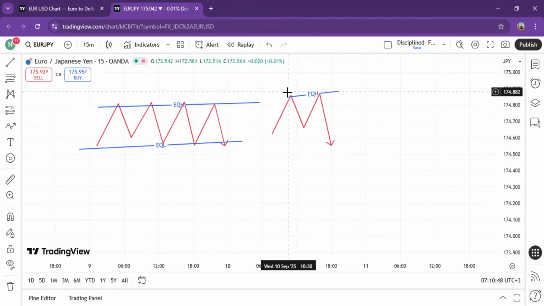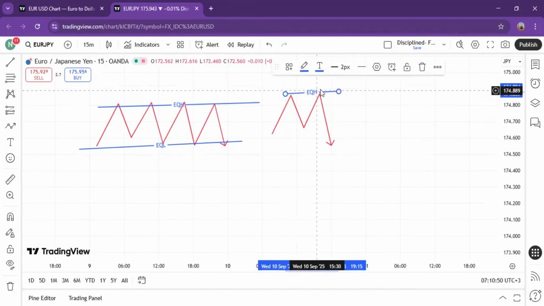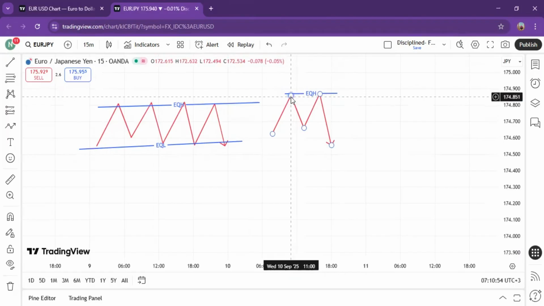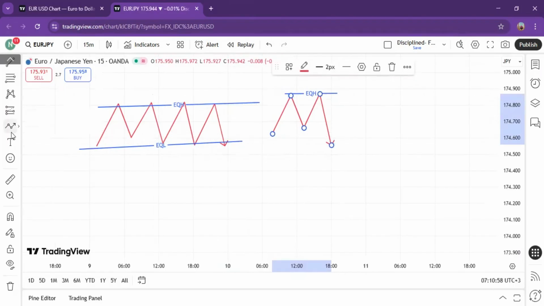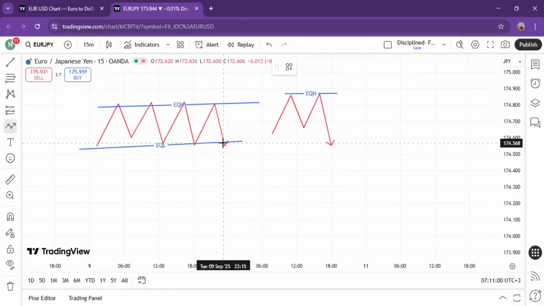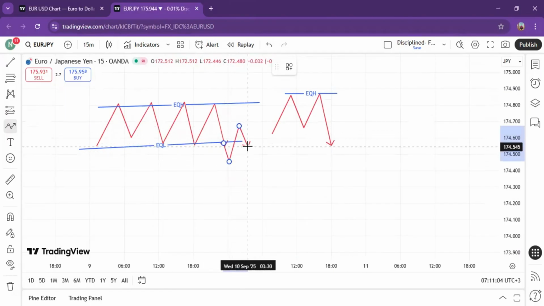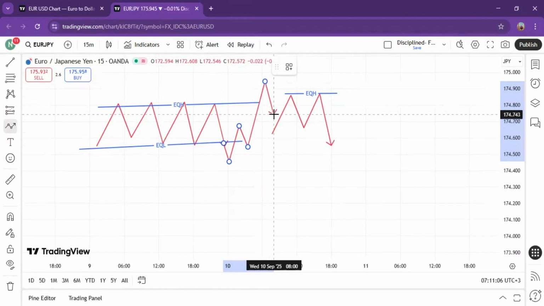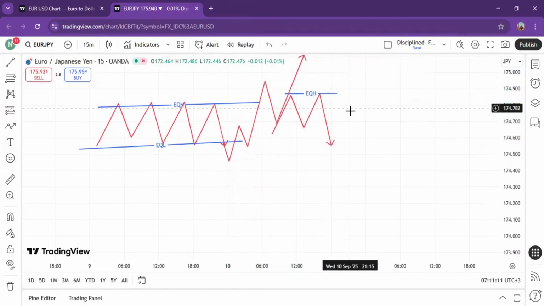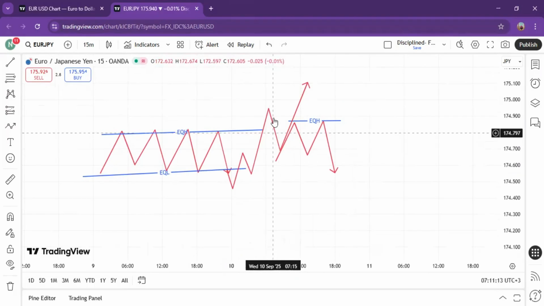So the market has its own way in which it will come and take out liquidity above these points here, where we have the equal highs and equal lows. So you find that the market will take out the orders at this point, then perhaps continue moving upwards or even downwards.